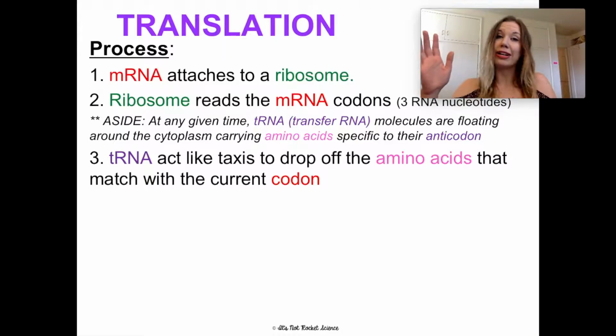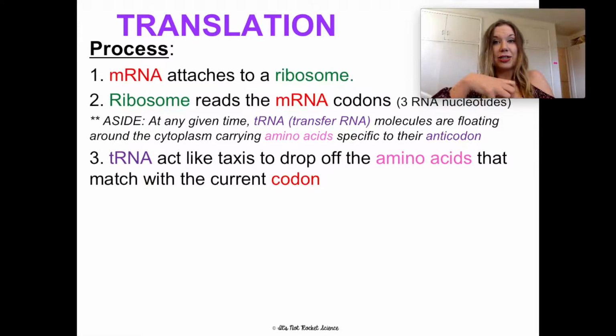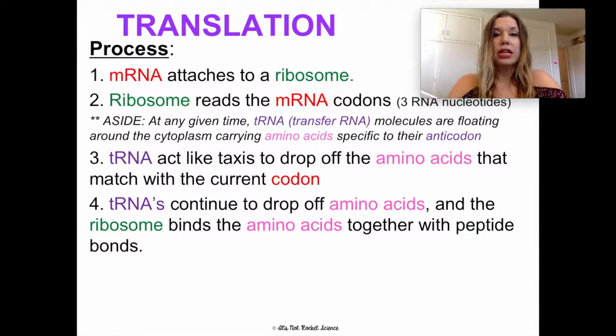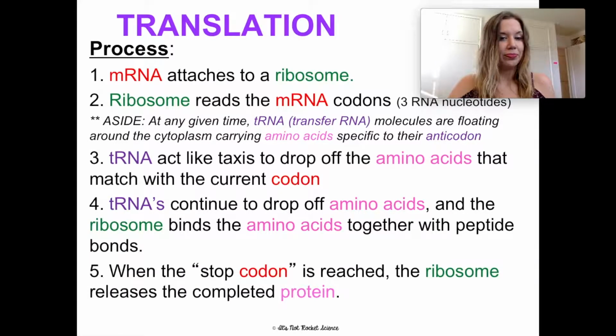And so when that tRNA taxi happens upon the ribosome, it's like, oh hey, I didn't realize you were here. It attaches, and remember only the one that has the correct complementary anticodon for the codon will attach and drop off that amino acid. And so tRNAs will continue to drop off amino acids, and the ribosome will bind those amino acids together with peptide bonds, really strong covalent bonds.